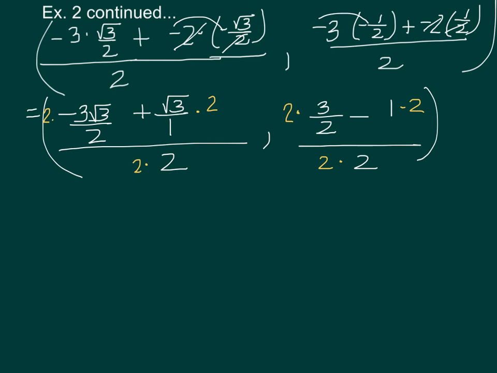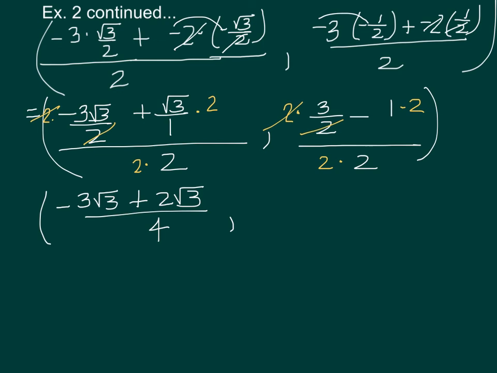That way we won't have a fraction over a fraction. So we have negative 3 root 3 plus 2 root 3 all over 4. And over here we have 3 minus 2 all over 4.